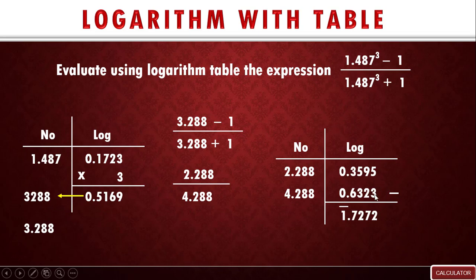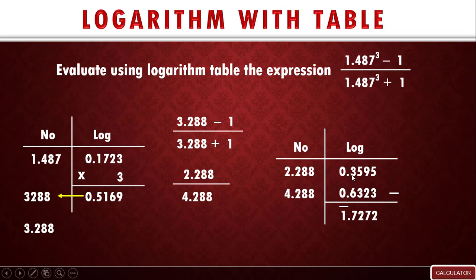Okay, 5 minus 3 will give us 2. 9 minus 2 will give us 7. 5 minus 3 will give us 2. 3 minus 2, and 3 minus 6. So we cannot remove 6 from 3. So what we need to do, we borrow 1 from here. Since we have no other place to borrow 1 from, we're going to borrow 1 from this 0.